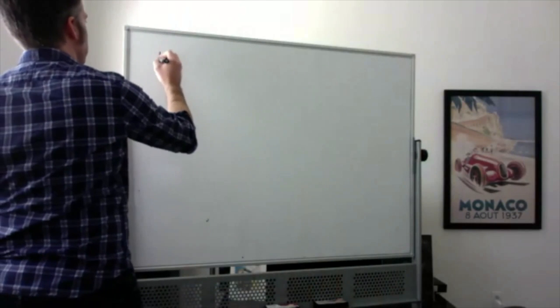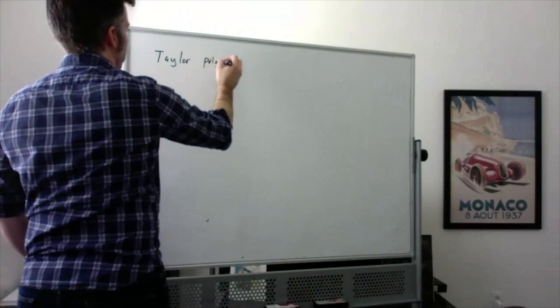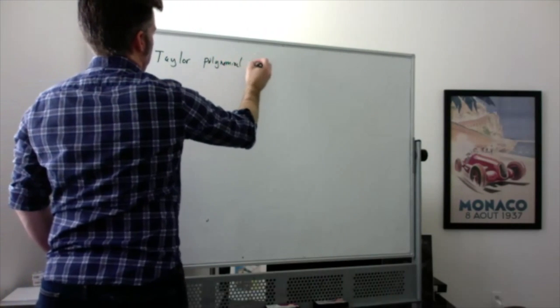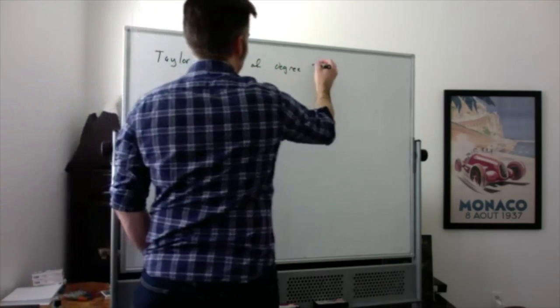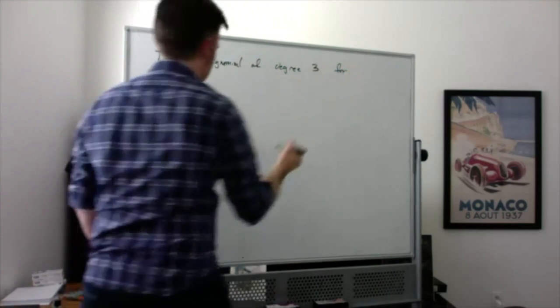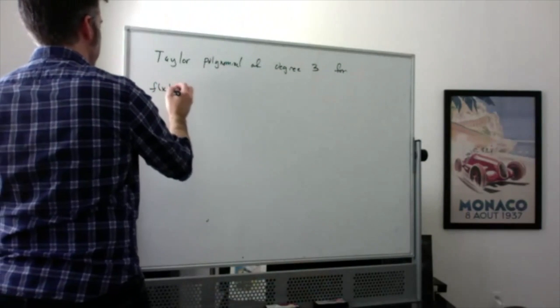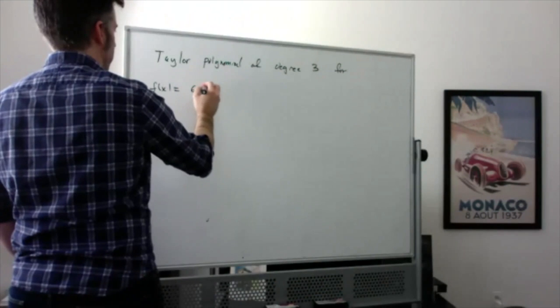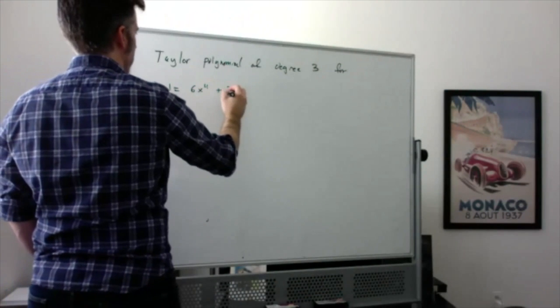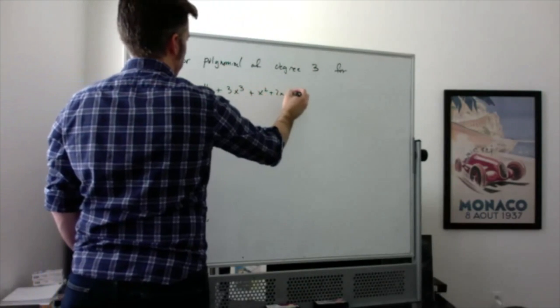Taylor polynomial. So let's find the Taylor polynomial of degree, I don't know, let's go degree 3 for, let's pick something not too insane. f of x equal to, sure, 6x to the 4th plus 3x cubed plus x squared plus 2x.